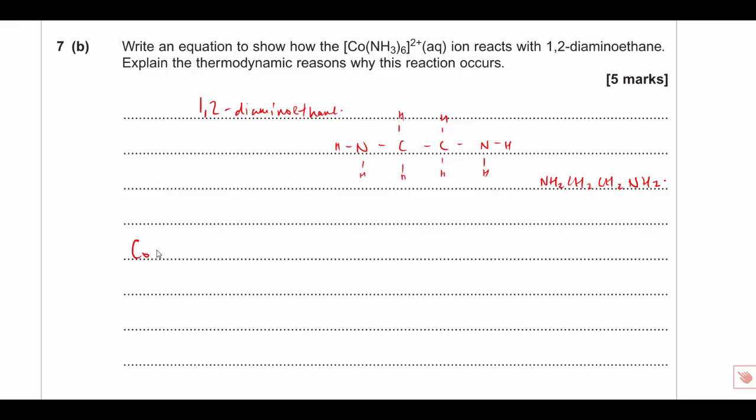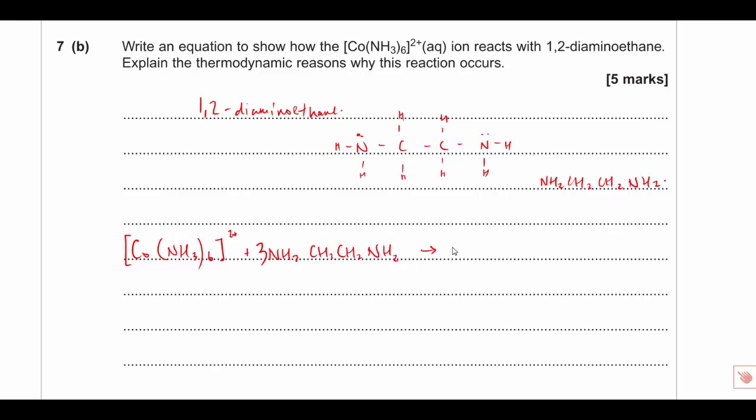So we're going to have cobalt hexaammine 2+ we're dealing with. It's going to react with that NH2 CH2 CH2 NH2. Each of these nitrogens, remember, has got one of these. So we're going to need 3 of those to substitute it out completely.